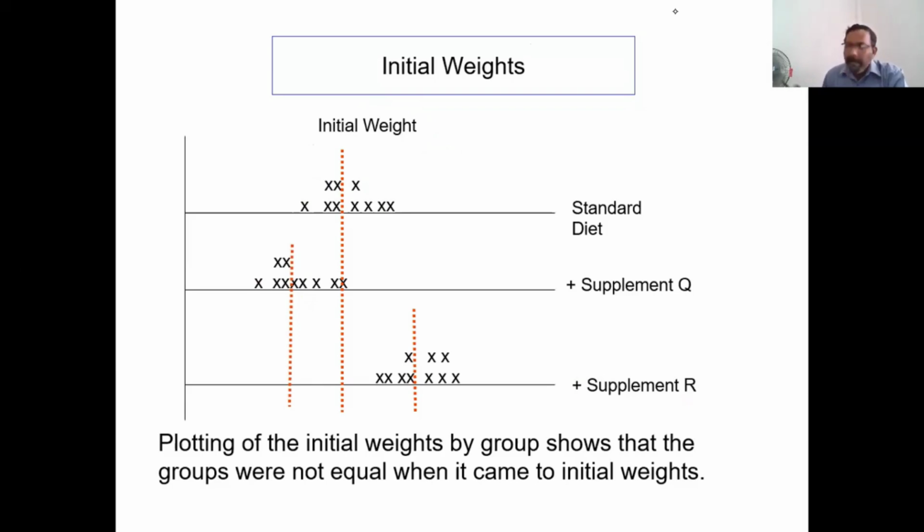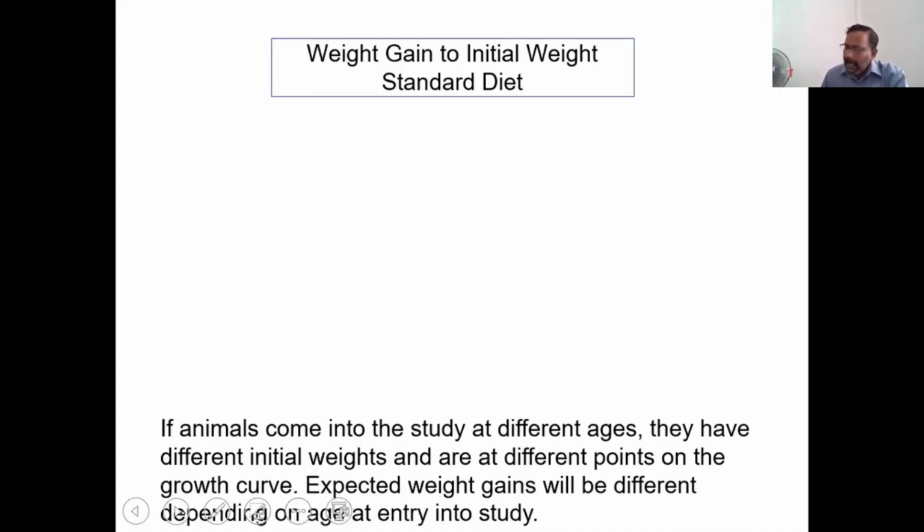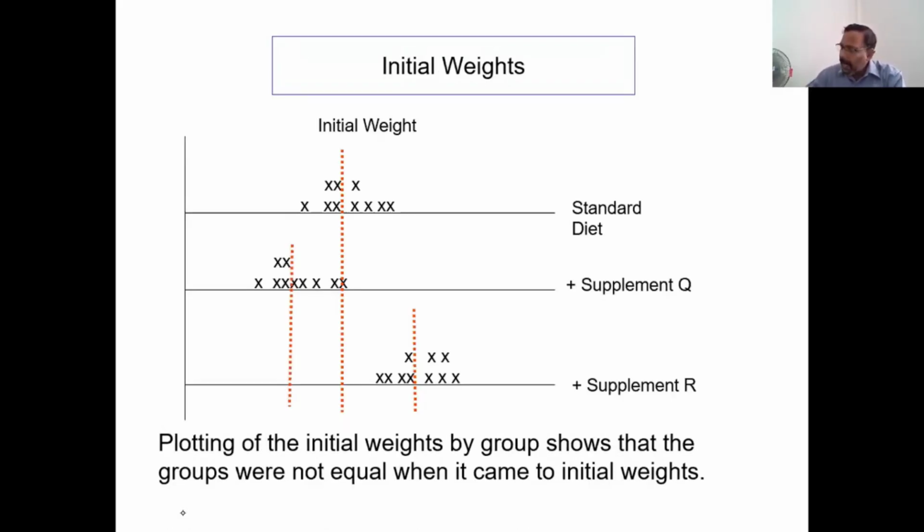If they are in the same line, no problem. We don't have any problem. But here, they are not. So this is what we are going to discuss in the analysis of covariance: how we can adjust them in the analysis of variance. What we are going to do is adjust their average values according to, let's say, one scale.